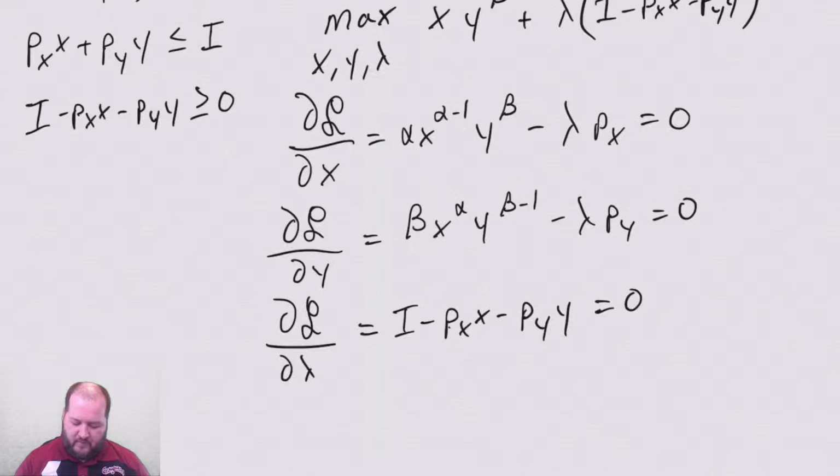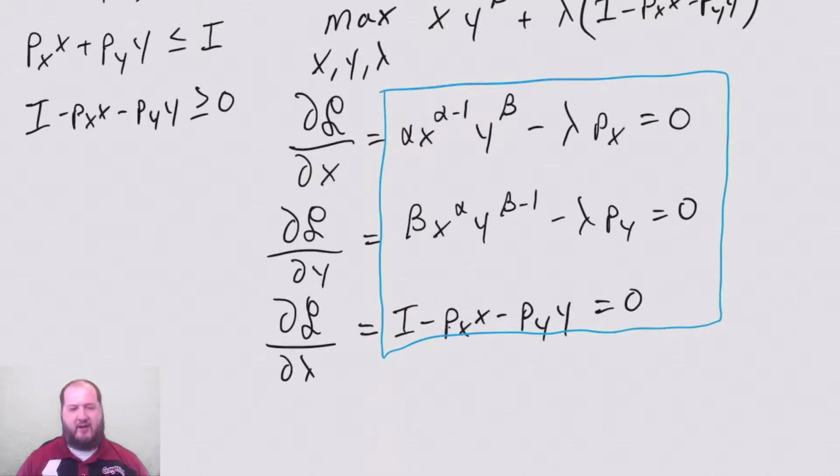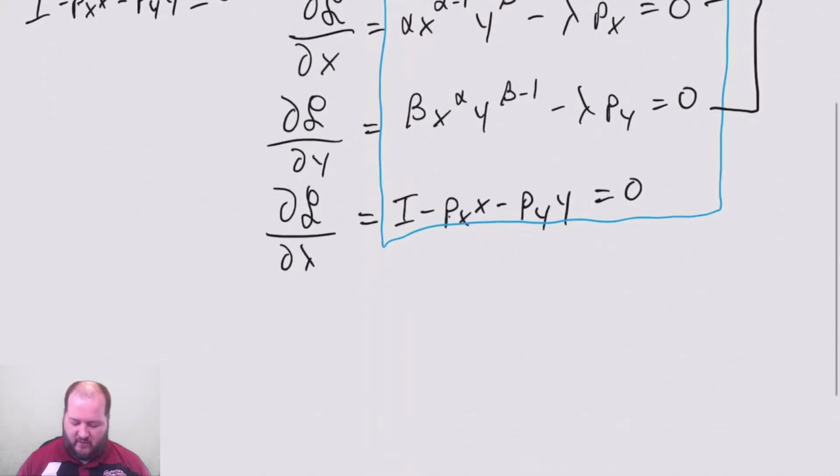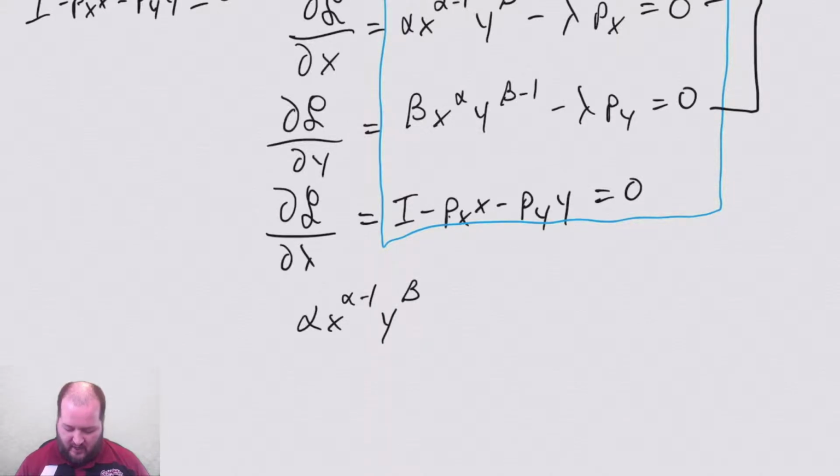And so I have three equations, three unknowns, and I need to solve this out. Which again, it can be tough, but we have tricks to simplify this analysis, and let's remember those tricks. So let's start with these first two equations right here. Let's actually rearrange them. So I have alpha X to the alpha minus 1, Y to the beta, move the lambda PX to the other side, equals lambda PX.